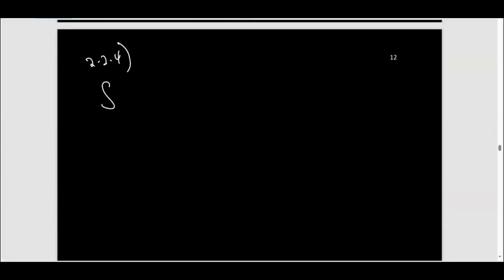So the sum of arithmetic is n over 2 into 2a plus n minus 1 into d. Will this make sense? Yeah, it will make sense. It's fine. Or you can use the a plus l straight away.